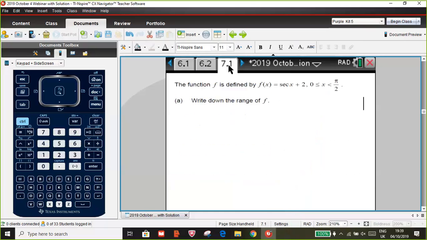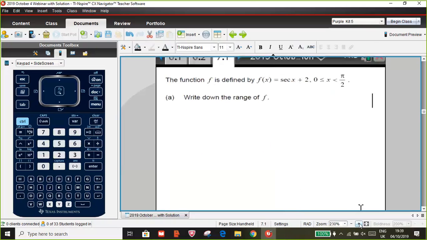Okay, moving on. Hopefully you can see this. There is a function that is secant x plus 2 with a restricted domain from 0 to pi over 2. Write down the range. That means just type into your calculator and get the answer out.